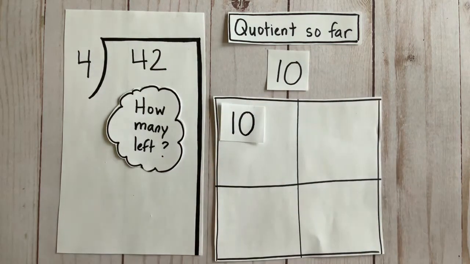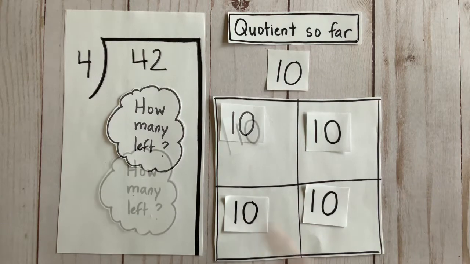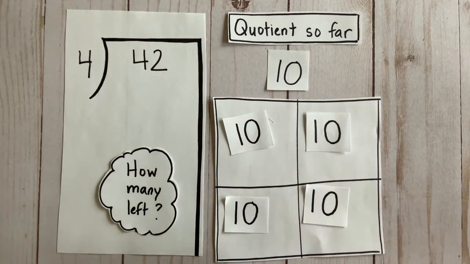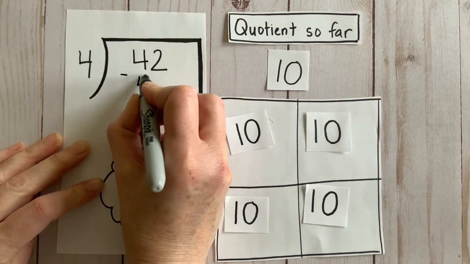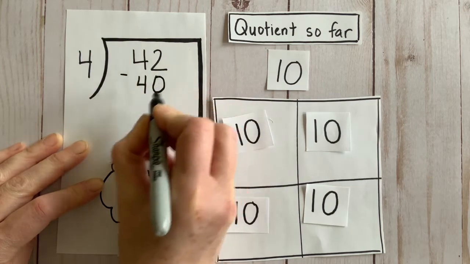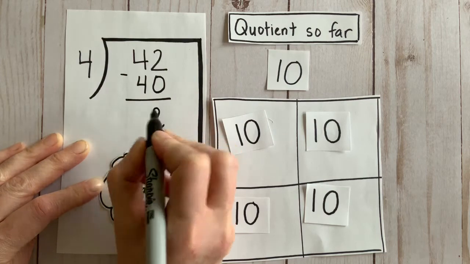We used 4 groups of 10. Our quotient so far is just one of those groups. 4 groups of 10? Well, that's just 4 times 10, or 40. And because we want to figure out how much of the dividend is left over, we're going to subtract that 40 from the dividend, and that leaves us with 2.